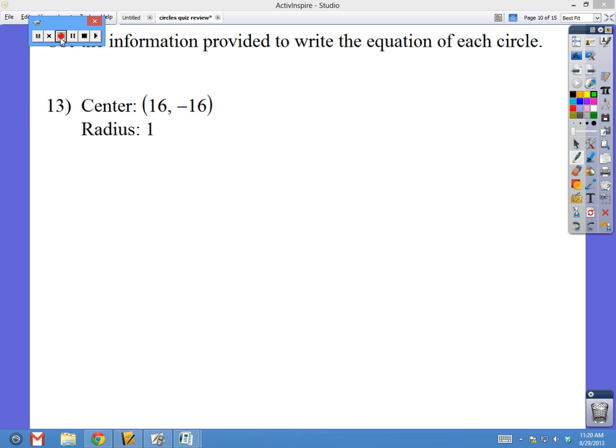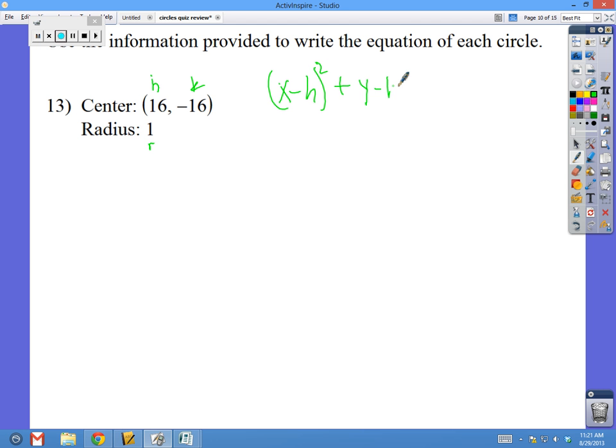Okay, 13. If you get one like this on the quiz, you should be grateful, because this is a cakewalk. This is your h, right? This is your k. So now I go to my 3x5 card and I see x minus h squared plus y minus k squared equals r squared, right?